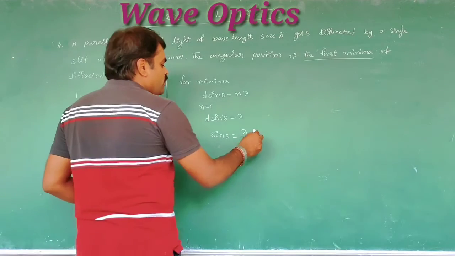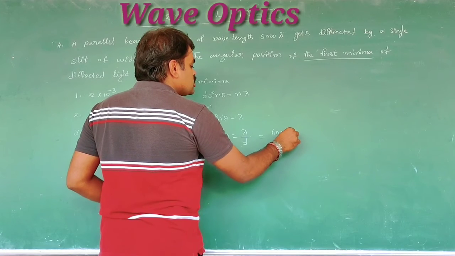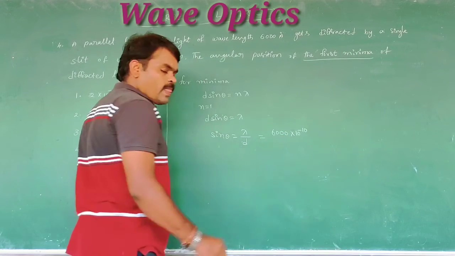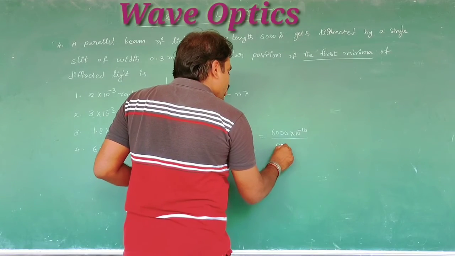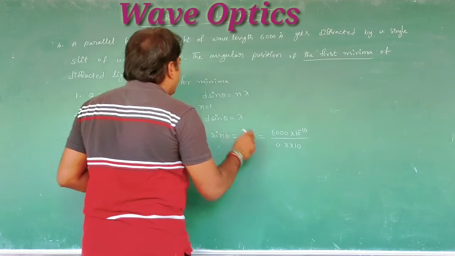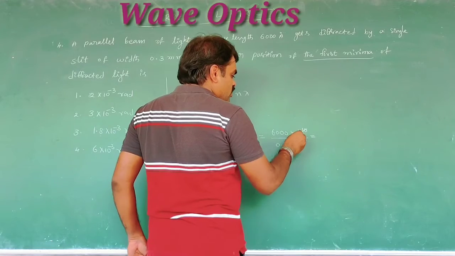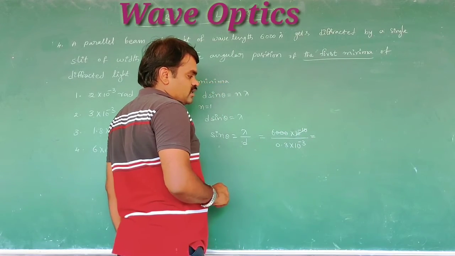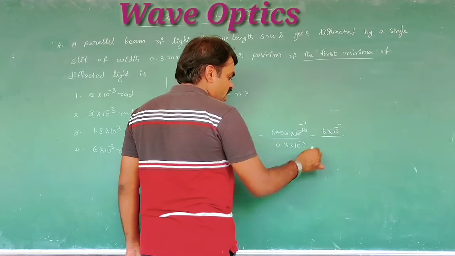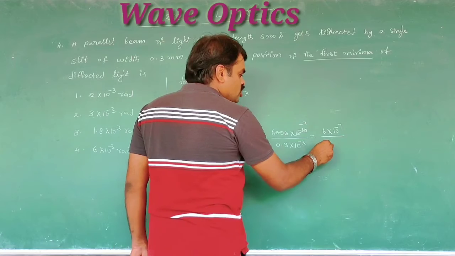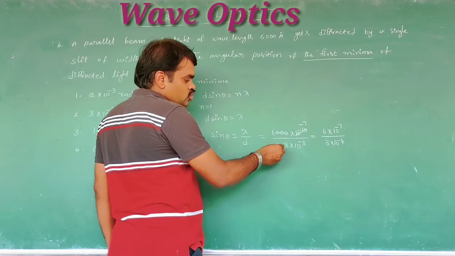What is lambda? Lambda is given as 6000 angstroms, that is 10 to the power of minus 10, divided by the slit width 0.3 into 10 to the power of minus 3, because of millimeter. Then here we cancel, which means minus 7. 6 into 10 to the power of minus 7 by 3 into 10 to the power of minus 4, because 0.3 is there.